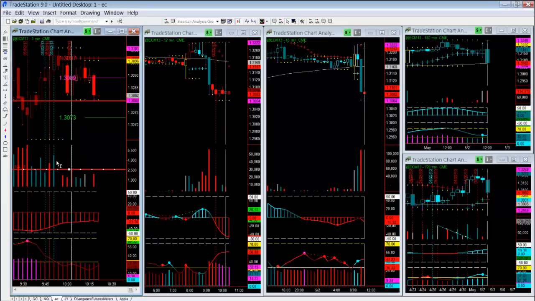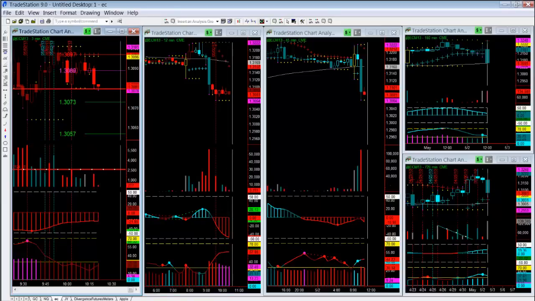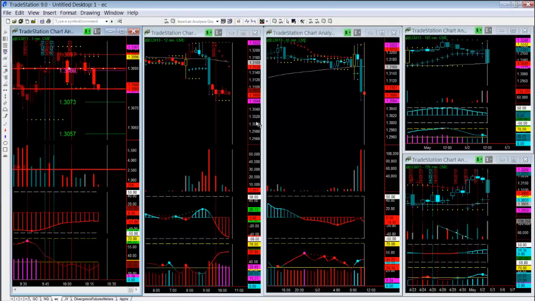You can see that there's divergence right now. Because of this divergence, I'd probably go ahead and tighten my stop where I'm not going to lose a lot of money on this trade. Come on, Bessie.